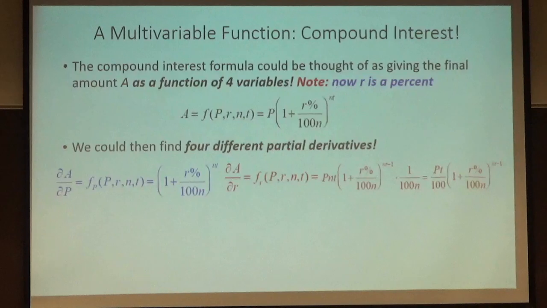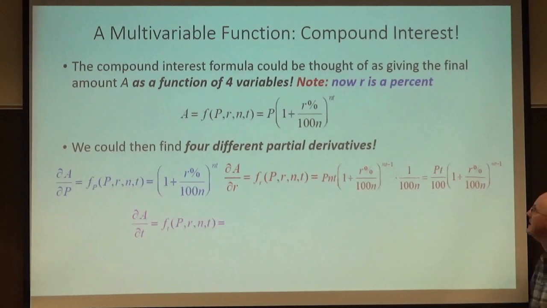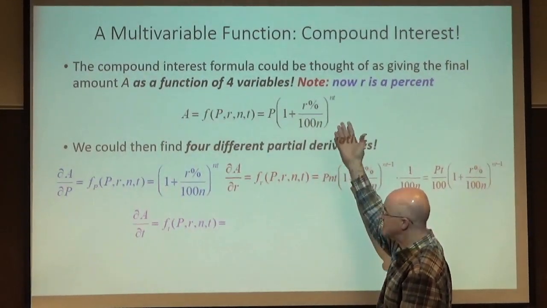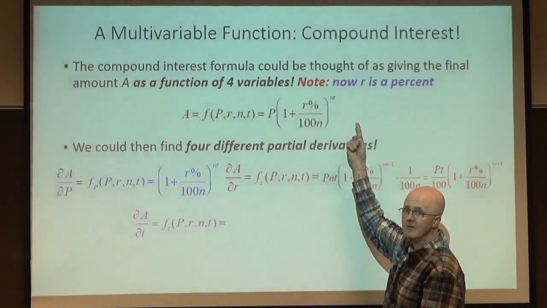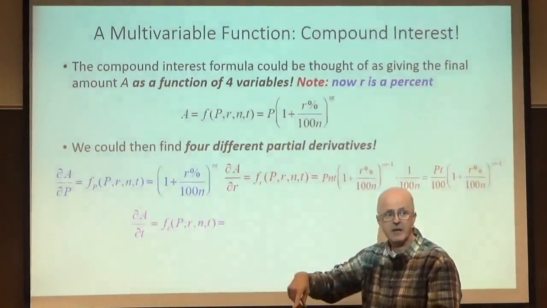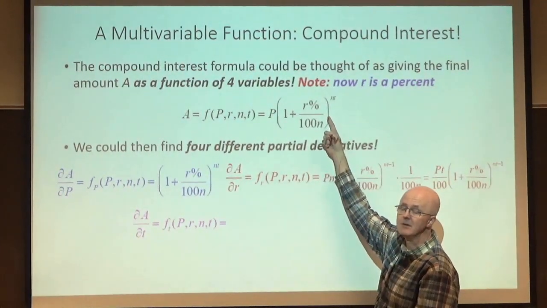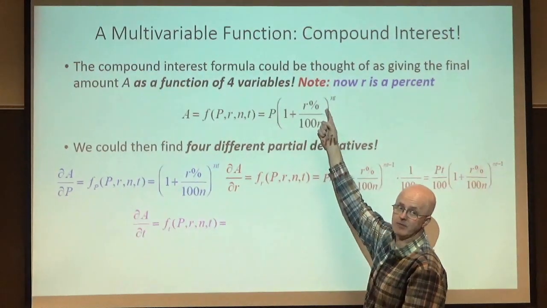The derivative with respect to n is the hardest. Let's do with respect to t. Treat everything else except the t as a constant. It's an exponential function of t. The variable is now in the exponent. So a natural log will become involved. You do not subtract 1 from the exponent here. You need the chain rule ultimately to take the derivative of that with respect to t.